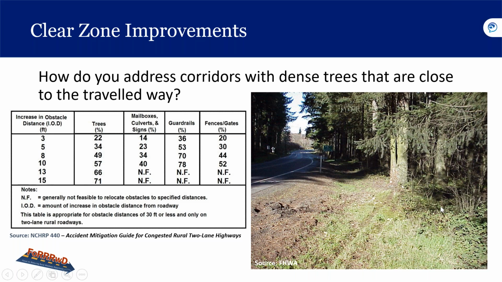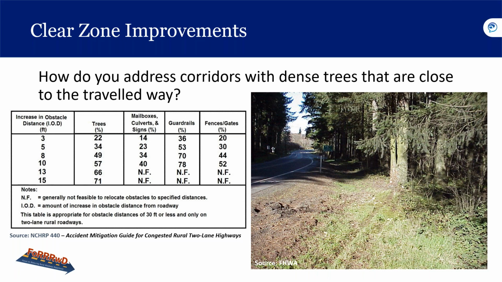So here we are at a curve, and it's a rural wooded area, and you see that we have trees right here, looks like about 10 feet off of the edge of pavement. And so what we have here at the table is from the NCHRP report for FoRRWD, accident mitigation guide for congested rural 2-lane highways.